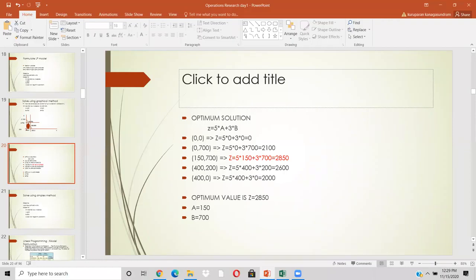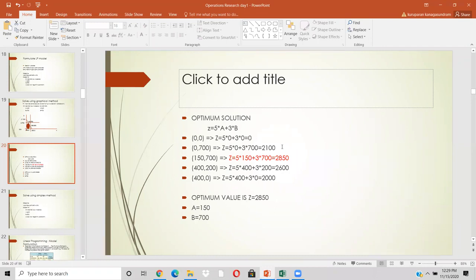Similarly, here A is equal to 150 and B is equal to 700. By substituting A 150 and B 700, we will get 2850. Similarly, for 400, 200, here A is equal to 400 and B is equal to 200.